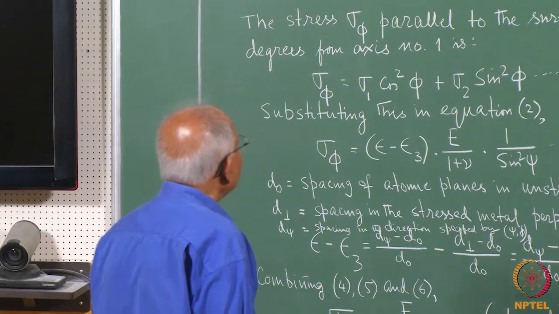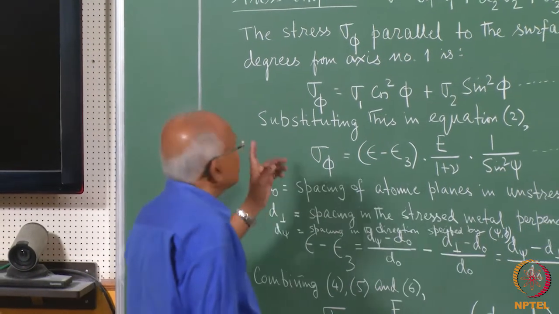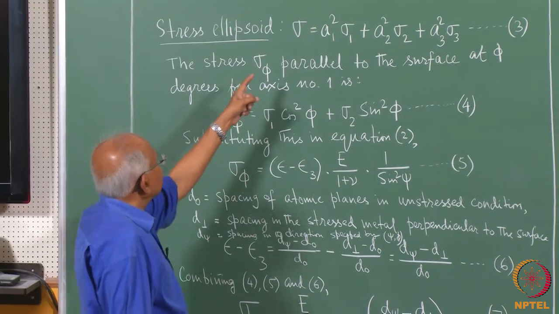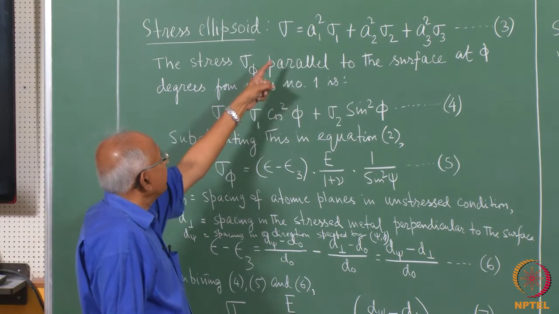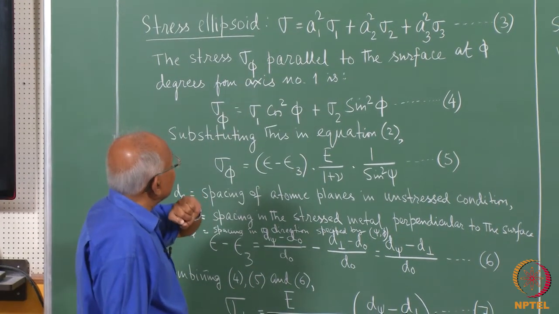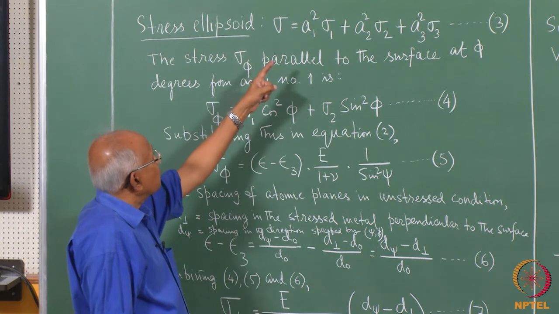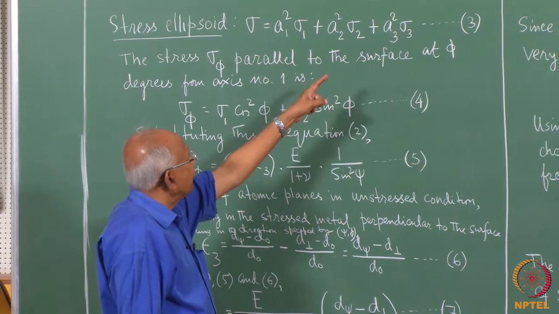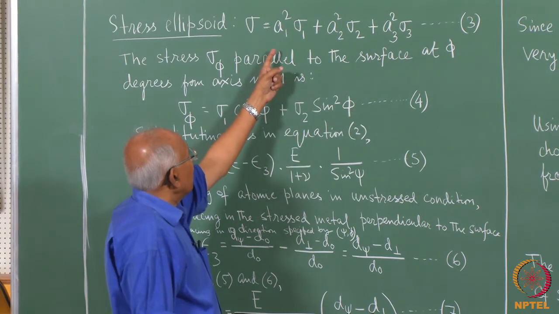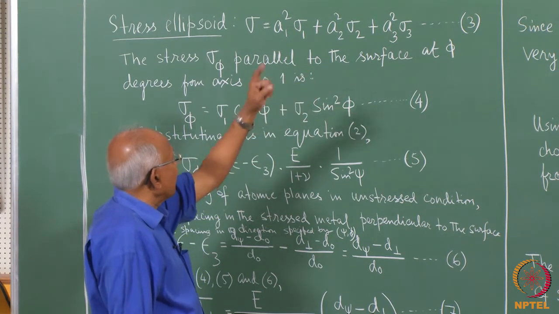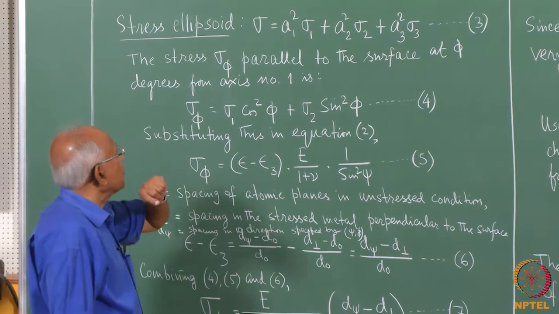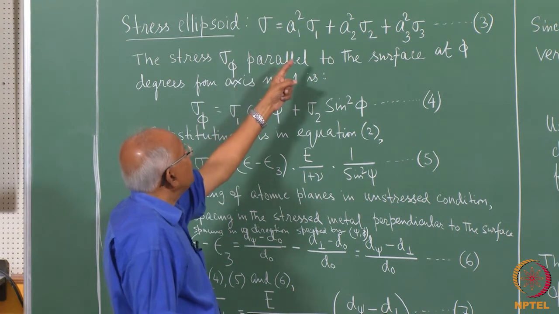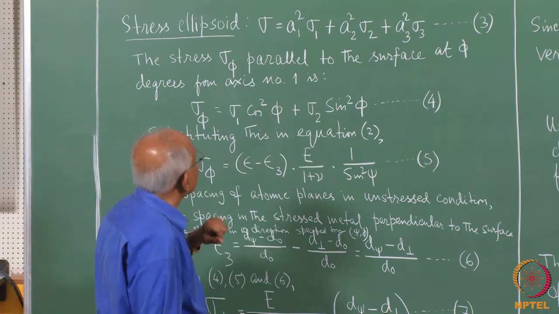Now, just as we saw the equation for a strain ellipsoid, we can write down the equation for a stress ellipsoid in this fashion, where sigma equal to A1 square sigma 1 plus A2 square sigma 2 plus A3 square sigma 3. A1, A2 and A3, just as before, are the direction cosines of the direction of sigma with respect to the directions of sigma 1, sigma 2 and sigma 3.